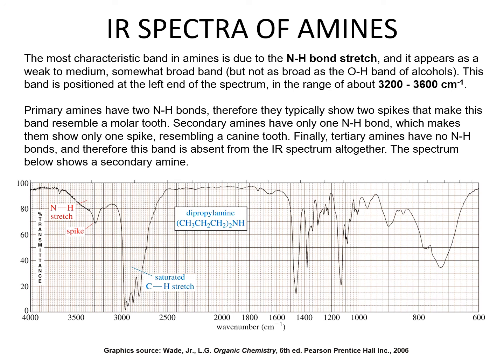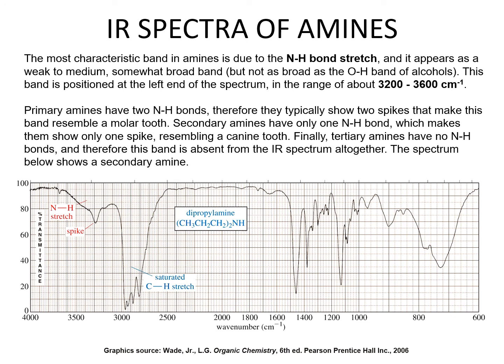It just keeps happening, trends over and over again. But it's not as broad as oxygen to hydrogen, because that's more of a polar bond and a lot stronger in terms of what it can do. The thing to look at is this kind of weak, broad spike around 3,500, 3,400, in that range. So it's going to be around the same area as your OH bonds, but it's a lot weaker, and not nearly as broad.